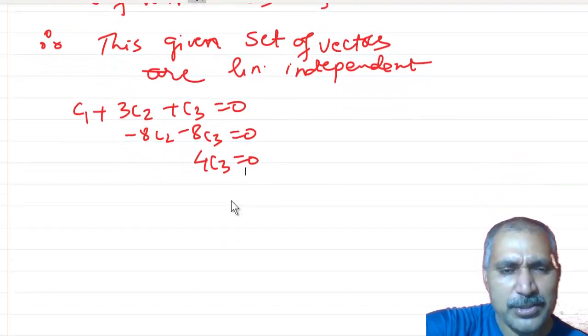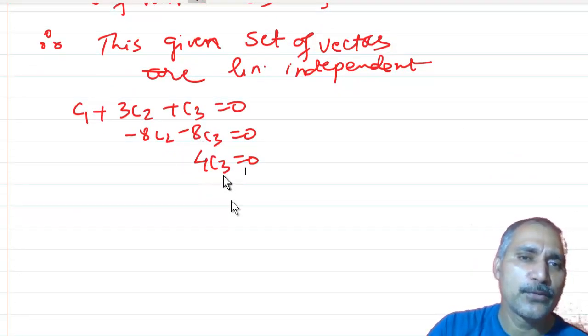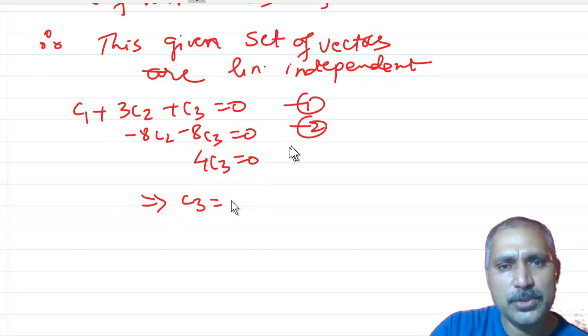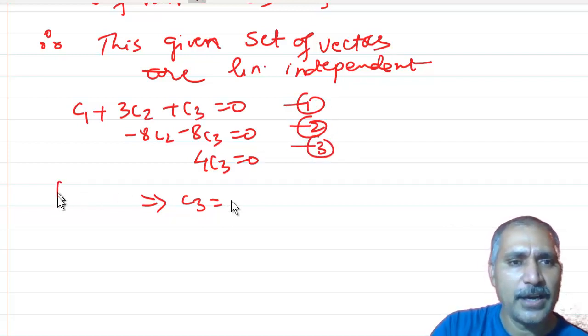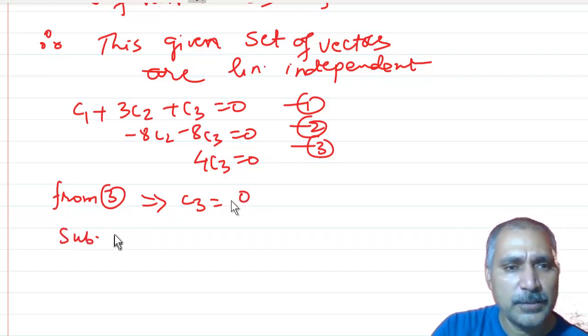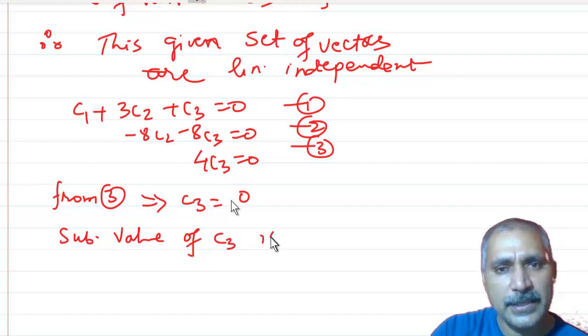Now if you simplify this, 4C3 is equal to 0. This is equation number 1, this is equation 2, this is equation 3, and from 3, C3 is equal to 0. Substitute the value of C3 in 2.